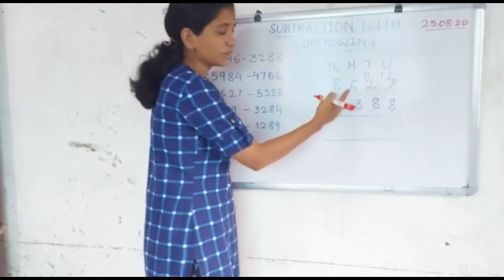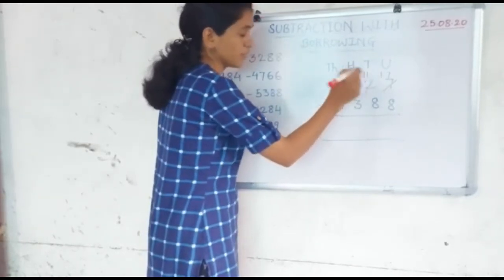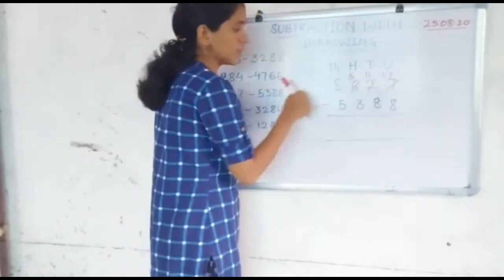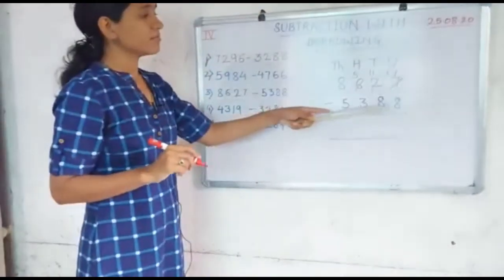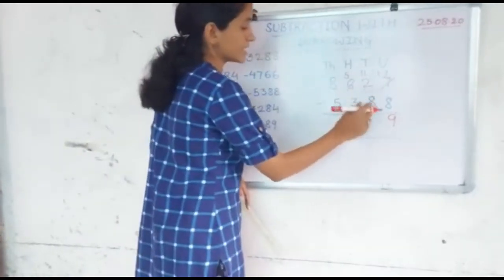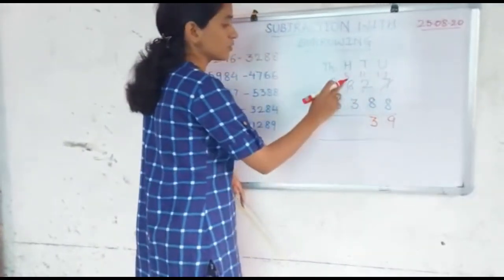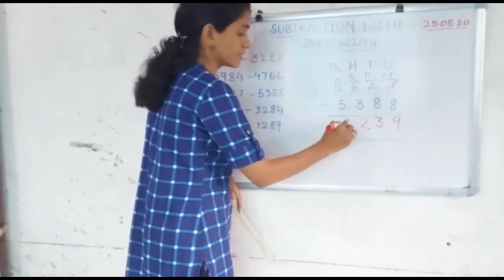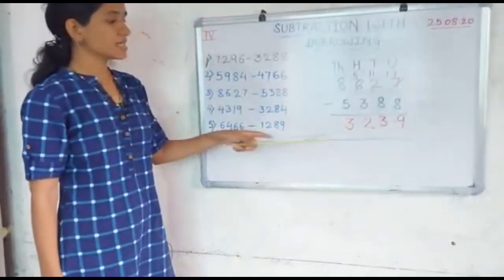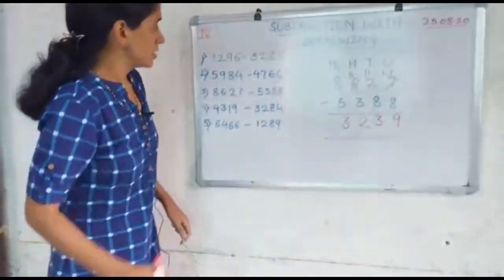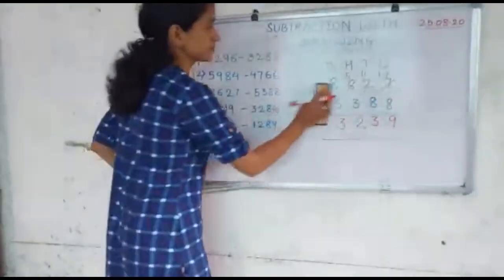Now 6 has given one number to 1, so 6 will become 5. So now you can subtract: 17 minus 8 is 9, 11 minus 8 is 3, 5 minus 3 is 2, and 8 minus 5 is 3. So your answer is 3,239. Now let's move to the next question.